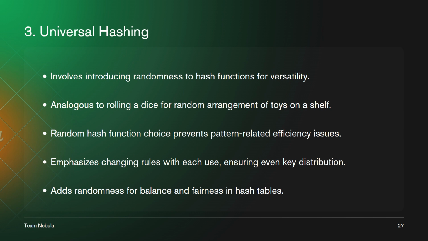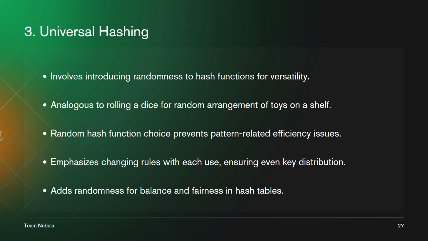Now, why would we want to do this? Well, think about it. If we always use the same hash function again and again, and our data happens to have a specific pattern, we might end up with some slots getting crowded while others stay empty, right? So that's not very efficient. But with universal hashing, it's like changing the rules of the game every time you play.